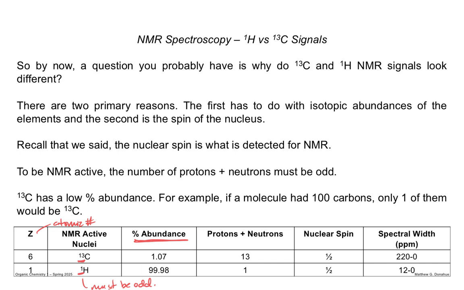But because carbon abundance is so low, it's very rare you're going to have two carbon-13 atoms right next to one another. Hydrogen is essentially 100%, so all of the hydrogens are NMR active. So the instrument sees them, the neighbors sense one another, and that's how you get these lines. The different lines are called splitting.